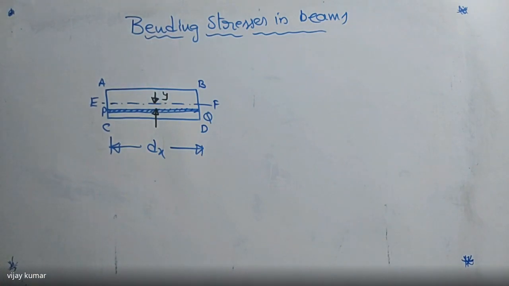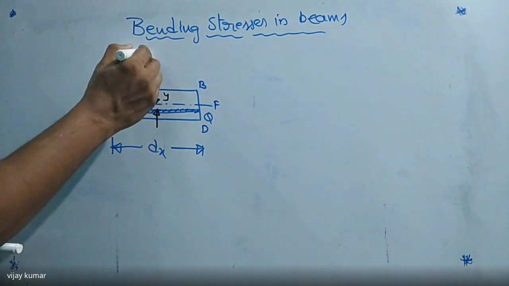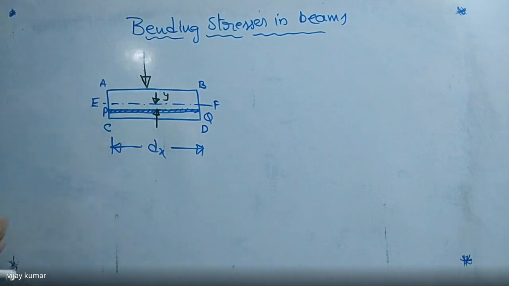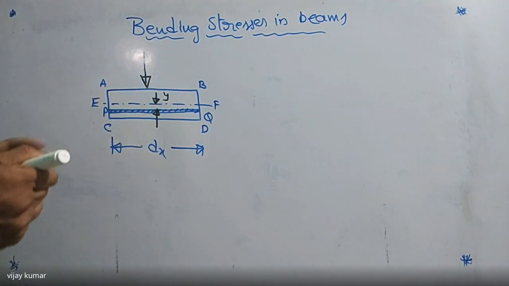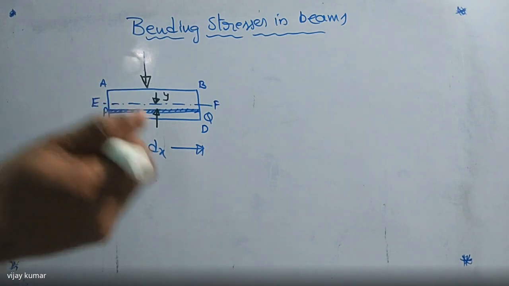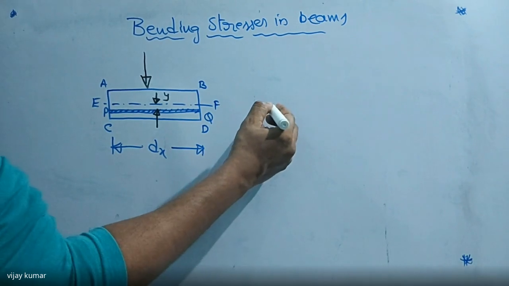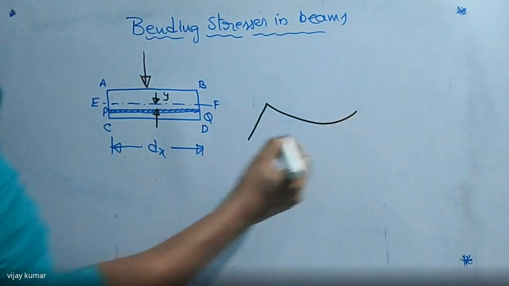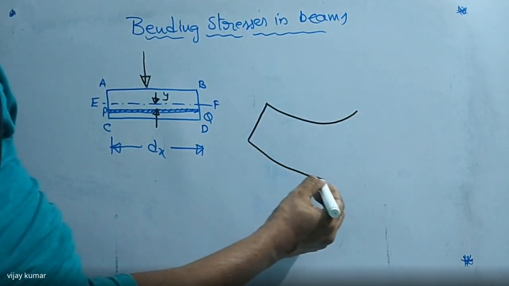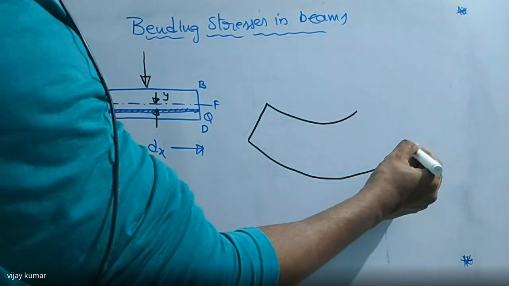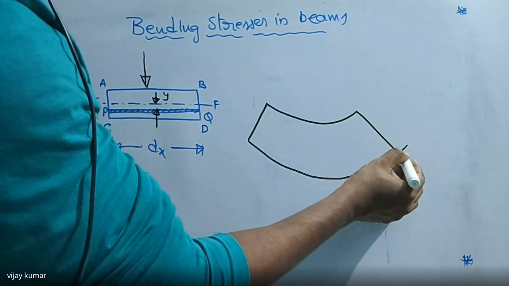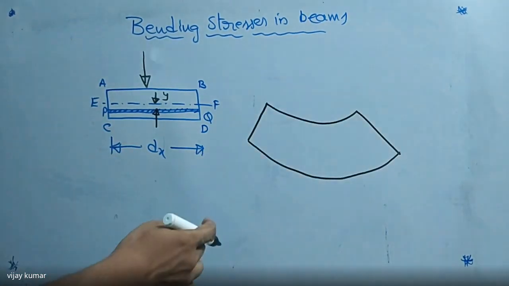What is the neutral axis here? I will give it to you. Listen carefully. Now, if you apply the bending force here, then the beam will bend like this.